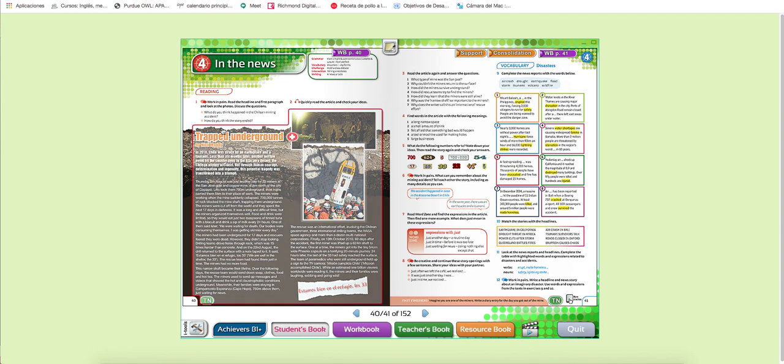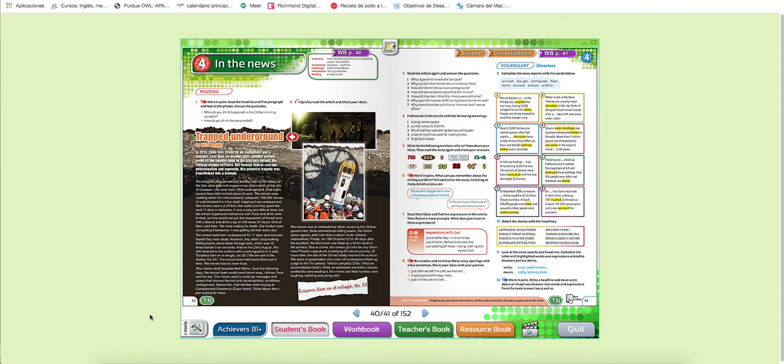So babies, everybody please go to your book, page 40. Open it, we are going to do it together. And let me know as soon as you have it. ¿Qué es eso, profe? Your books. If you don't have the book, please write the answers in your notebooks because we are going to be working together. So if you don't have it, please do the exercises in your notebook.